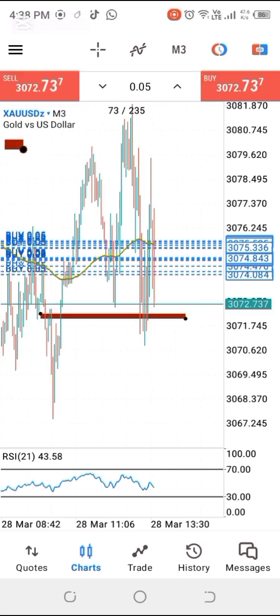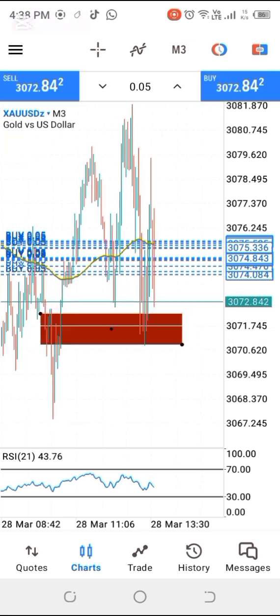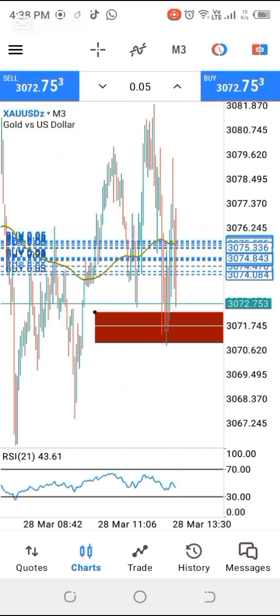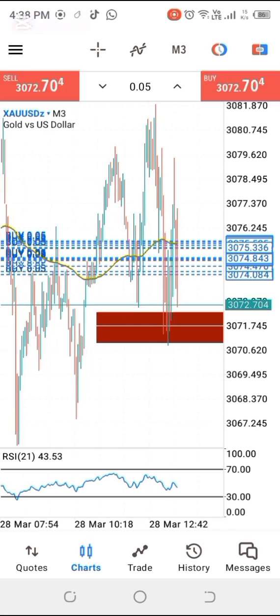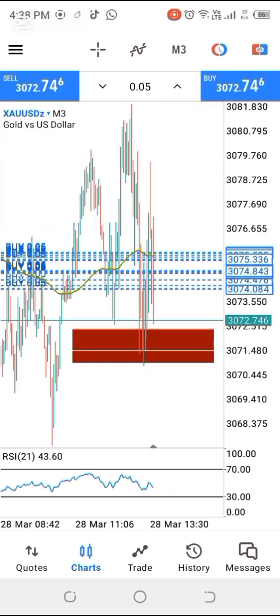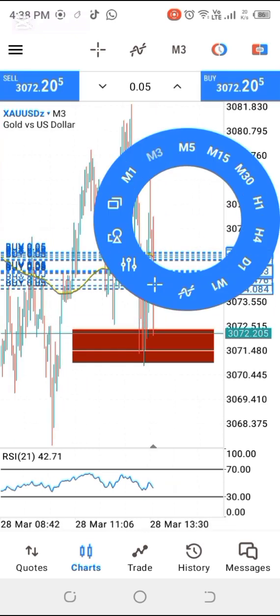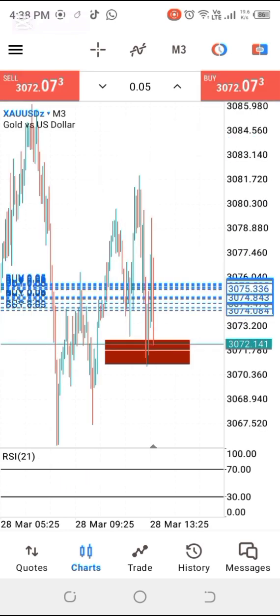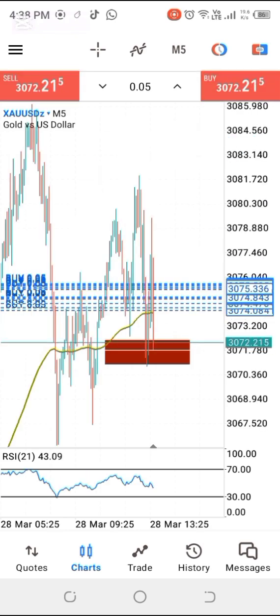Okay, the trade started going against me. So there's our stop loss level, below that swing low, below that support.